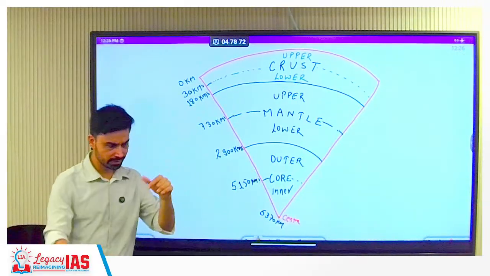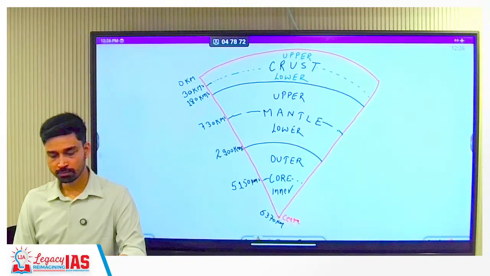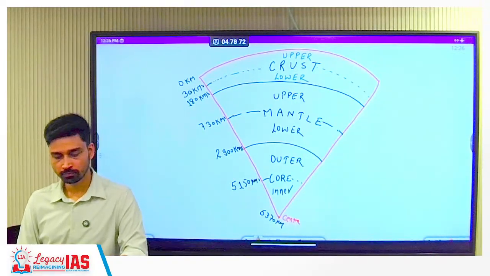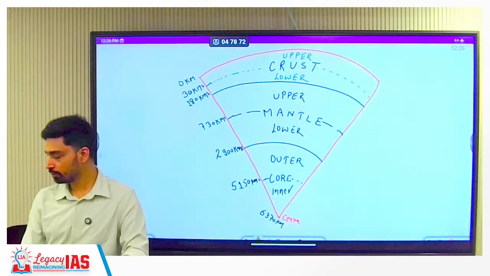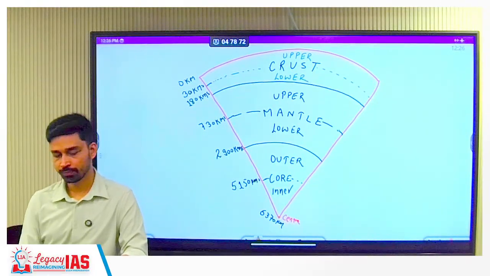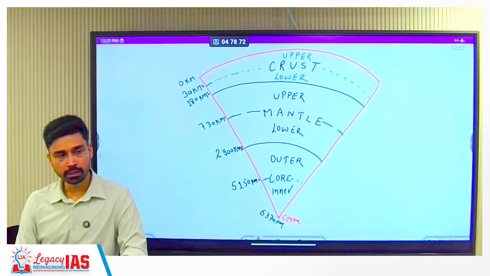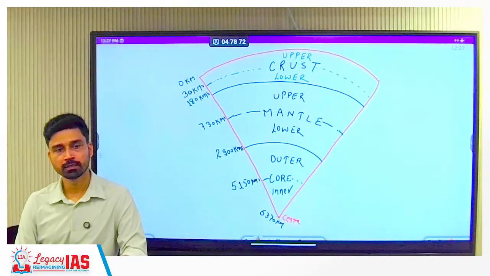So one statement you can write separately somewhere, that from surface to center, both temperature and density continuously increase.